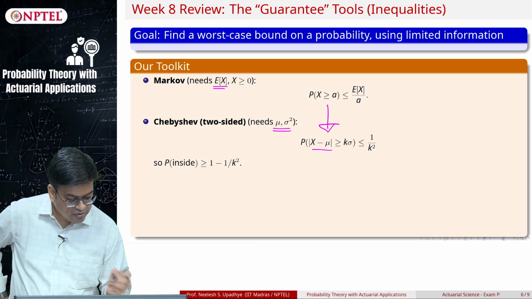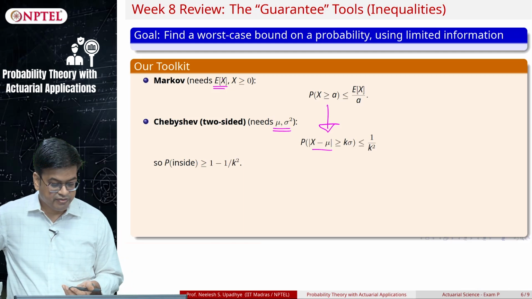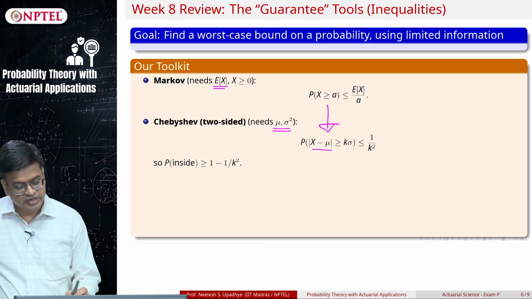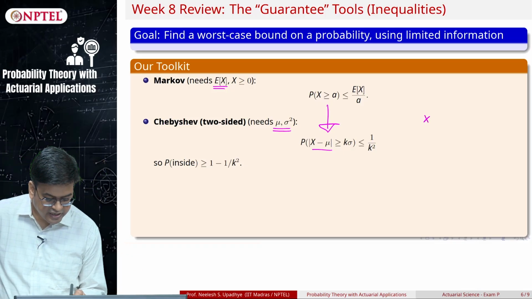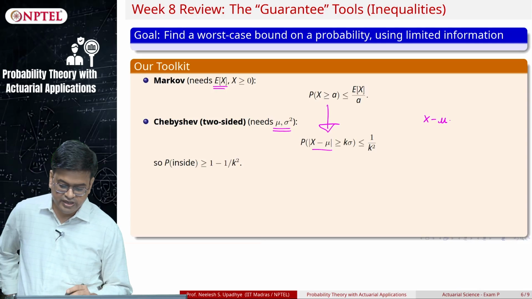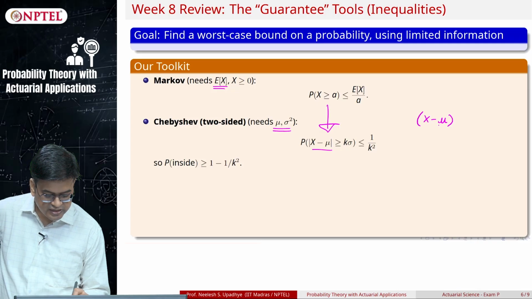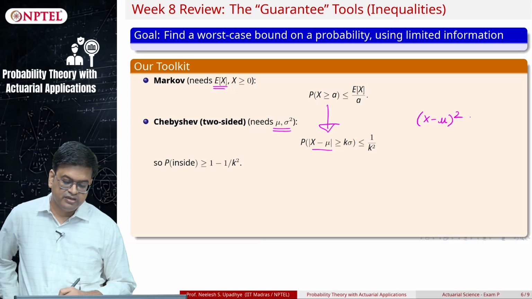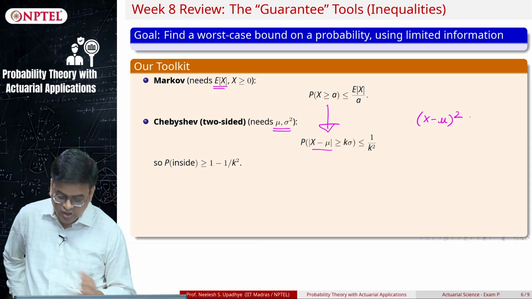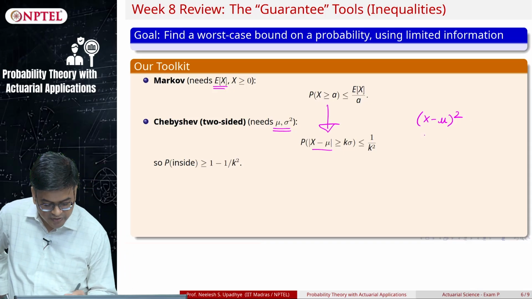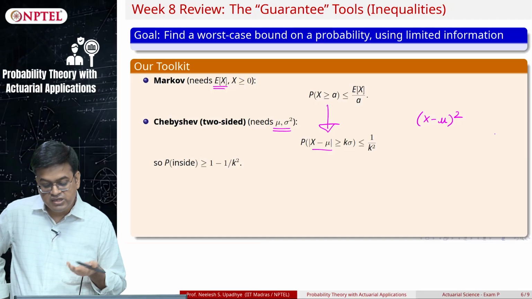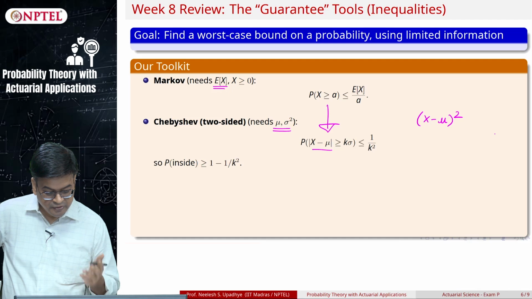So, for Markov, I want a non-negative random variable. X now is not a non-negative random variable. So, what I can do is consider x minus mu. This is also not a non-negative random variable, but if I consider x minus mu squared, this is actually a non-negative random variable. Okay.